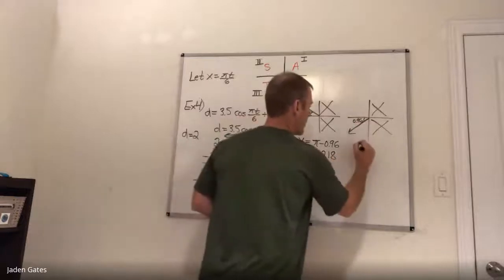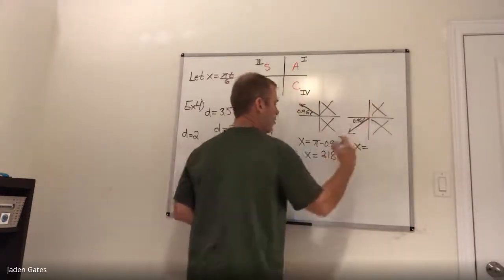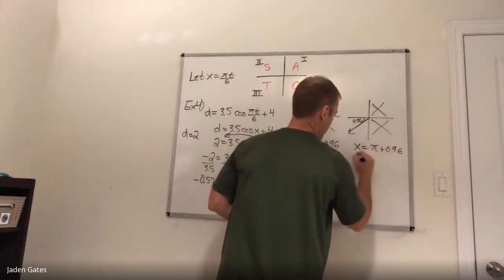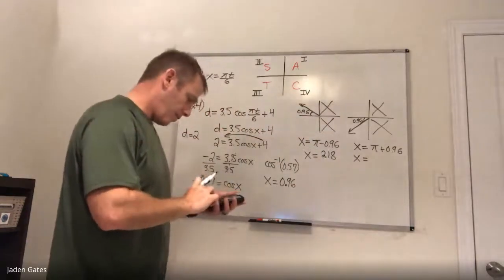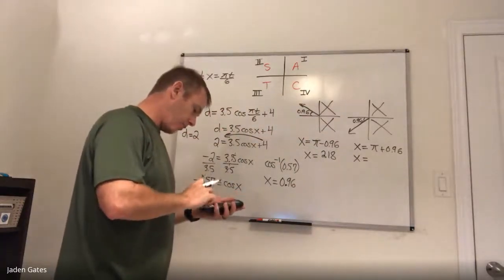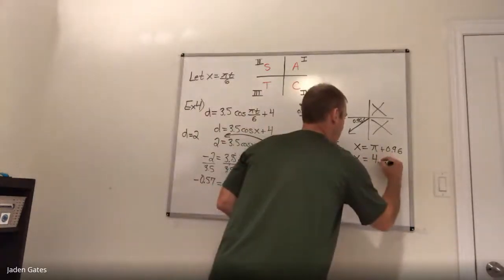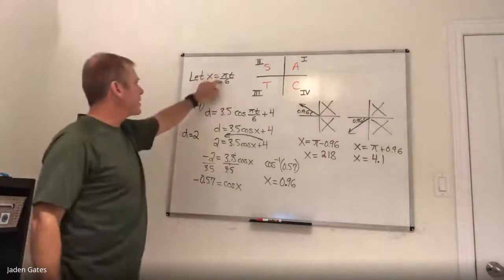Then, just like we did before, a 180 degree turn, pi, plus 0.96. So 3.14 plus 0.96 gives 4.1. But in this question, we want to know what t is, how much time has gone by.